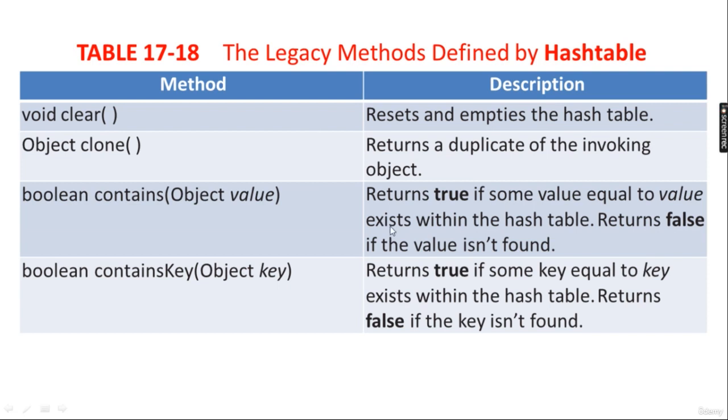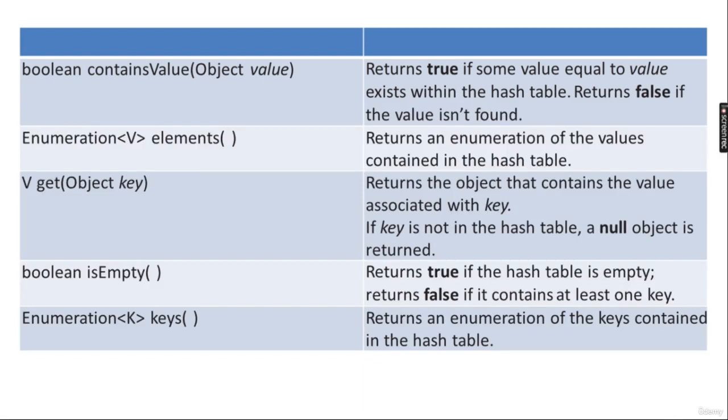Object clone() returns a duplicate of the invoking object. boolean contains(Object value) returns true if some value equal to value exists within the hash table. Returns false if the value is not found. boolean containsKey(Object key) returns true if some key equal to key exists within the hash table. Returns false if the key isn't found. Then boolean containsValue(Object value) returns true if some value equal to value exists within the hash table. Returns false if the value is not found.